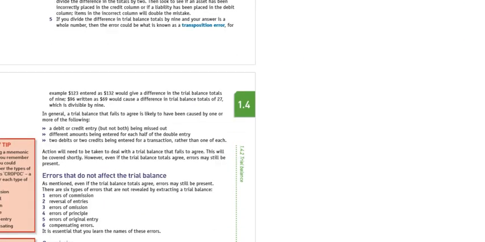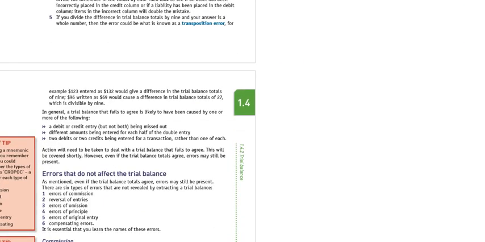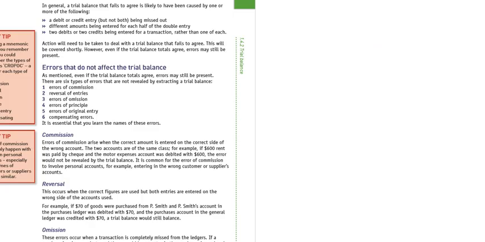So here are the 6 types of error which do not affect the trial balance, although the trial balance is equal. So those are the 6 errors I was talking about.